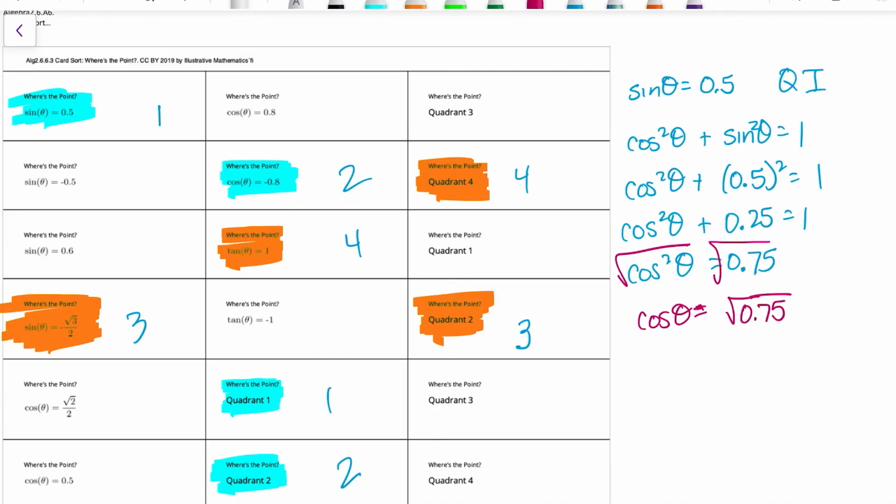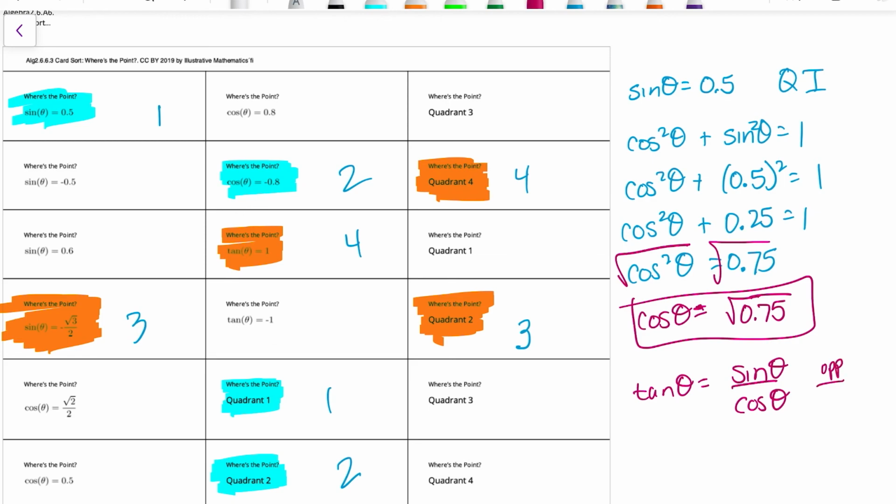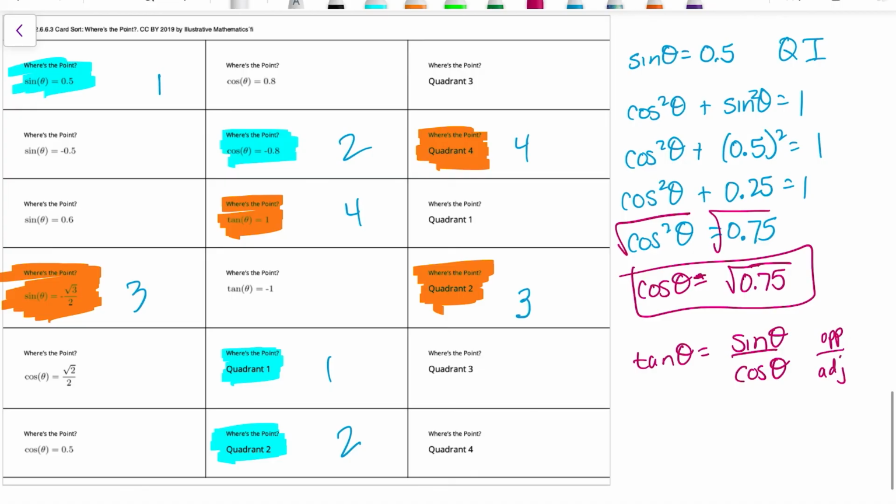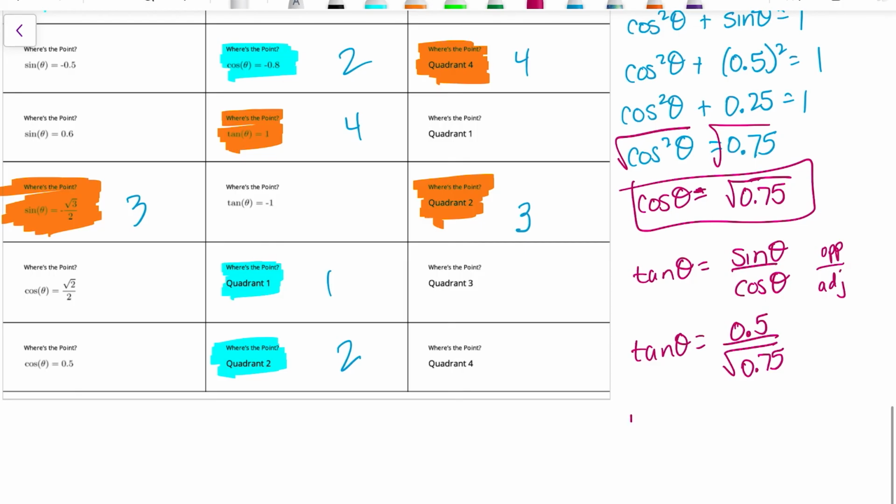All right, so there's my cosine. Now we need to find tangent. Remember that tangent is sine over cosine, because sine is the same thing as the opposite when we're on the unit circle, and cosine is the same thing as adjacent when we're on the unit circle. So our tangent is equal to 0.5 over the square root of 0.75. I'm going to change these to fractions because it might help us see something a little differently.